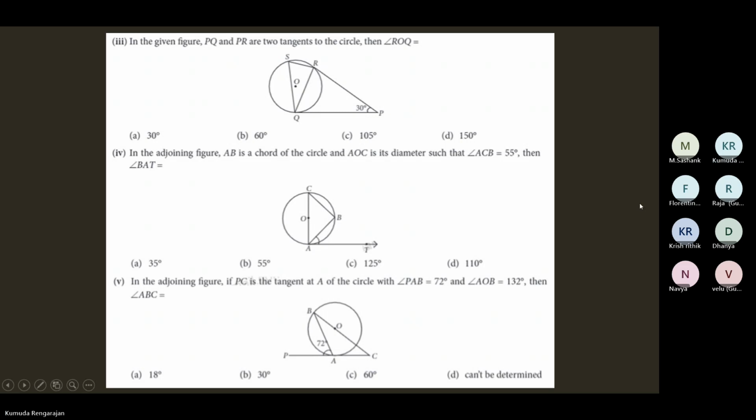Next one. Thirty degrees. Okay. AB is 132.